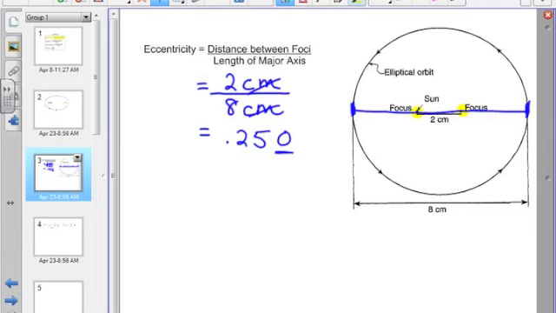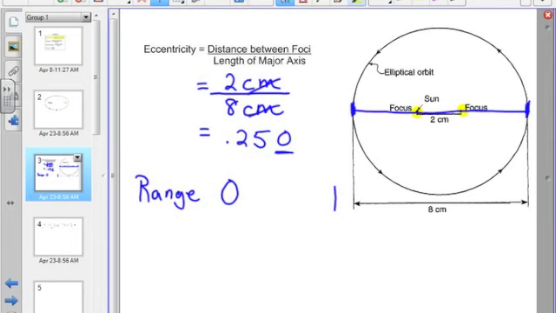The range of values for eccentricity goes from 0 up to a value of 1. So it's going to be all the decimal values that you can find in between. That's one of the reasons why we want to make sure we're really accurate and take that calculated value to the thousandths.